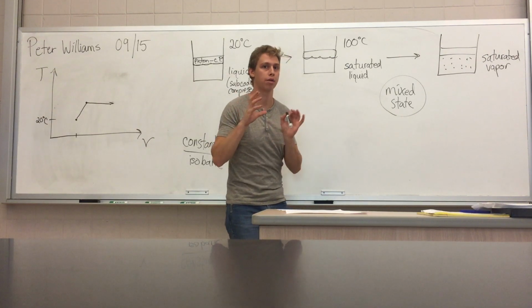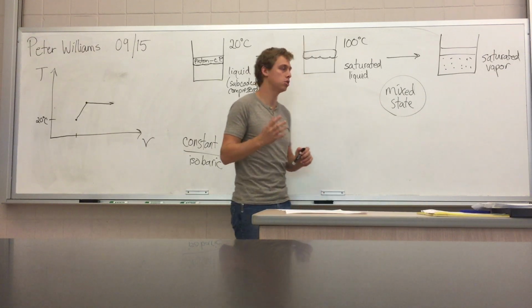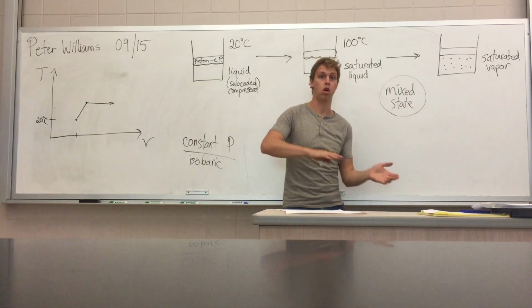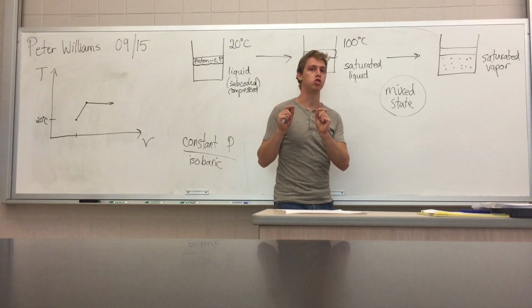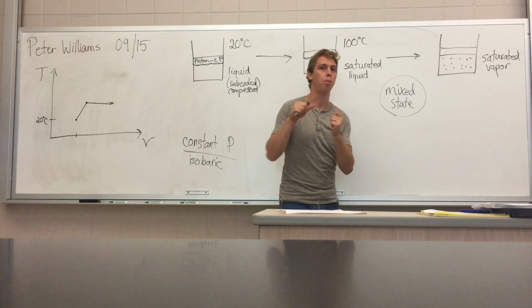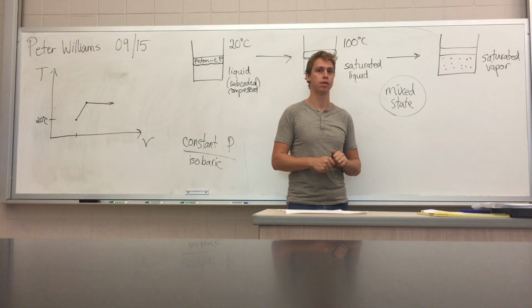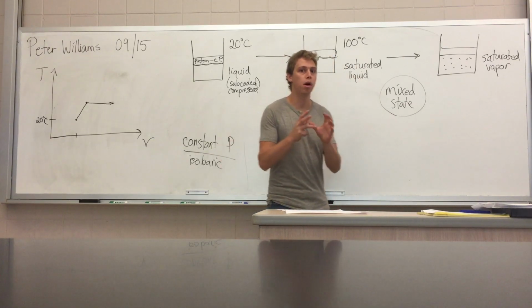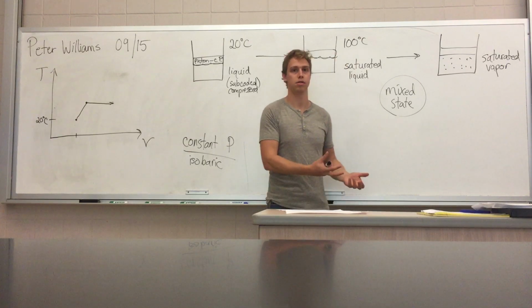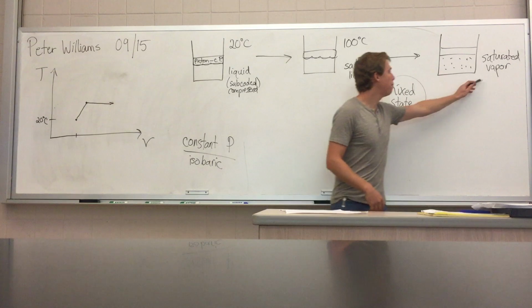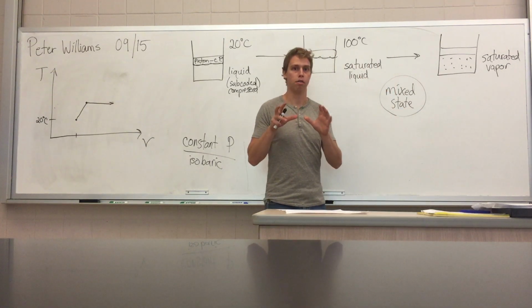It was almost there, right on the threshold, right on the verge. Saturated vapor is vapor, because it's all been converted to vapor, but it's just about to go back to liquid. Some of it wants to go back to being liquid, all right? So it's almost about to condense back down into liquid. It's barely vapor. It's like the minimum possible amount of vapor, all right?